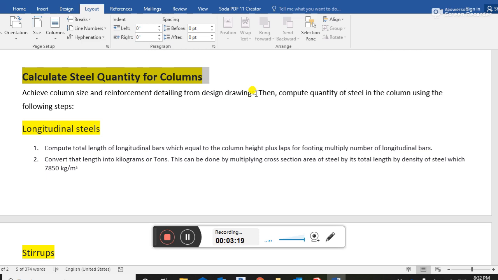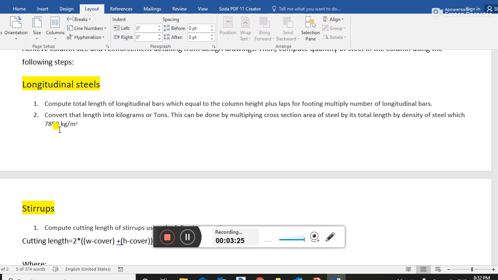Then compute the quantity of steel in a column using the following steps. What are those steps? Longitudinal steels. Compute total length of the longitudinal bars, which is equal to the column height, plus laps for the footing, multiplied by the number of the longitudinal bars.